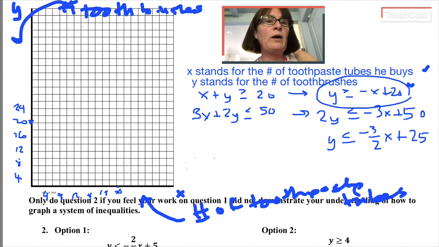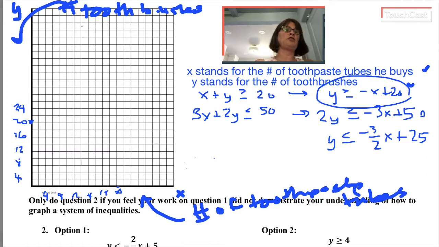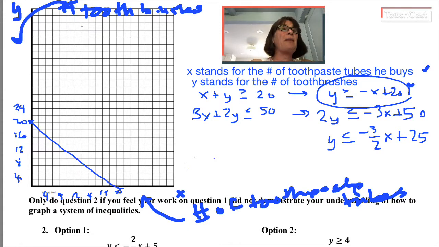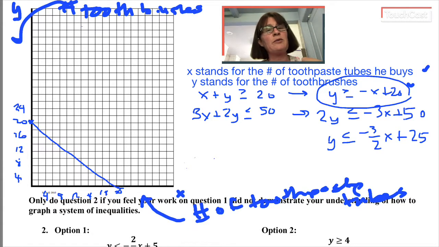I already know if I have a y-intercept of 20 and a slope of negative 1, I'm going to have an x-intercept of 20. I have an or equal to sign there, so I'm going to make this a solid boundary. And I know he's going to buy greater than or equal to 20 items, so I'm going to mark that boundary line, and I'm going to shade above that boundary line.